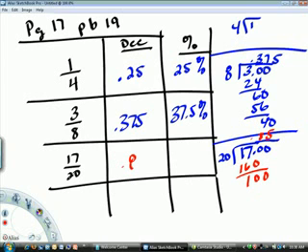I got 0.85. So check your division. Can you see how I did it? You understand how I got 0.85?